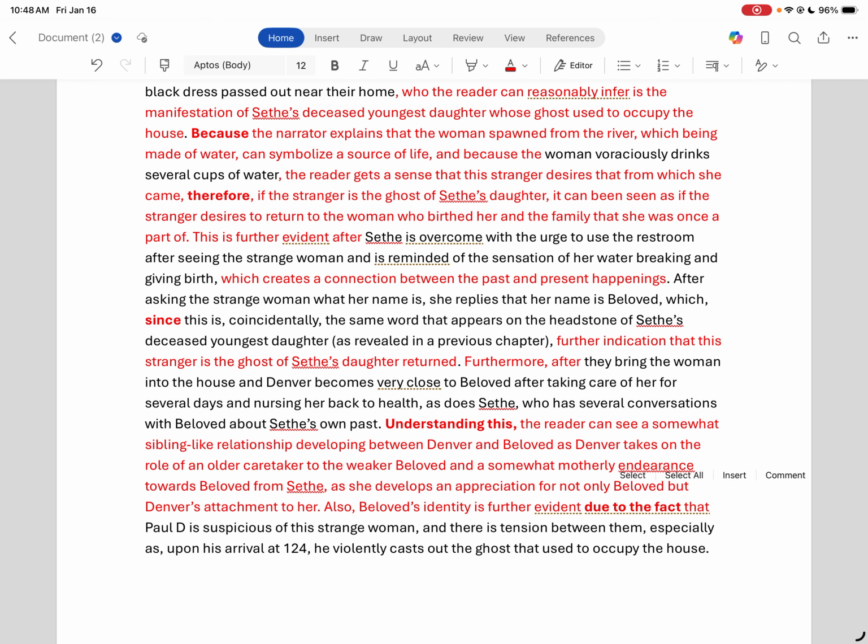And so let me get rid of especially because it just wouldn't sound right to me. As upon his arrival at 124, he violently casts out the ghost that used to occupy the house.